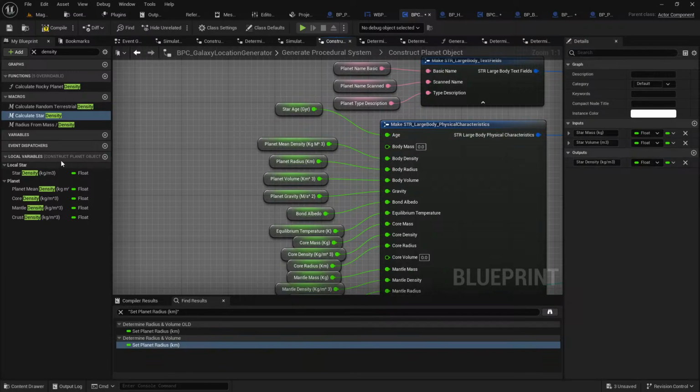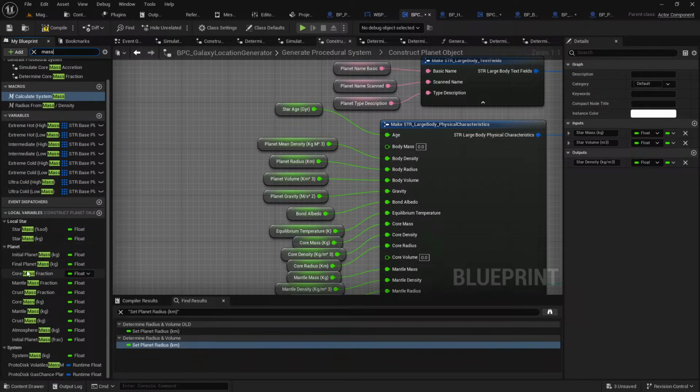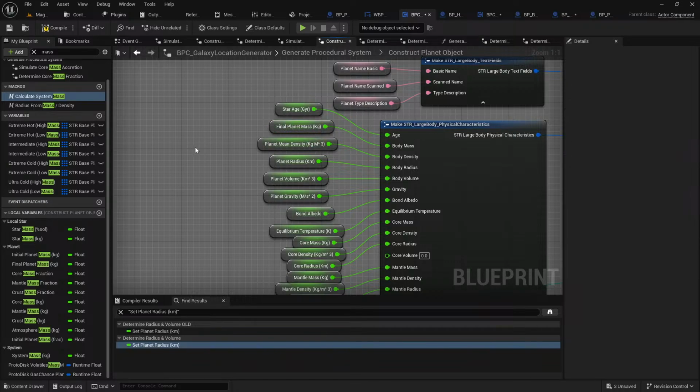That's the wrong mass. We want the final mass. That was just a display bug. It was showing the mass of the rocky core, not the gas envelope on top of it, which is why it's just a tiny value.